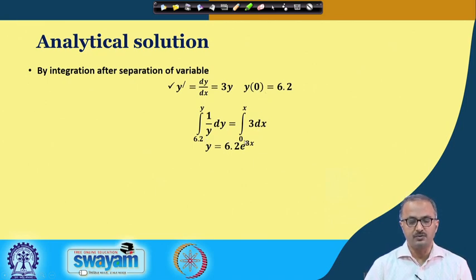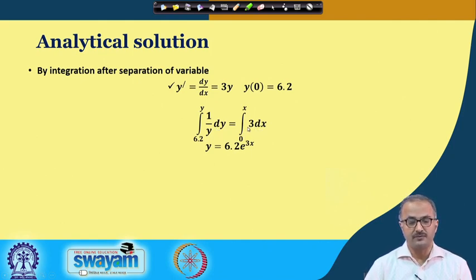Once we put in this term, we put our conditions here: at x equal to 0 the y is 6.2, and at any arbitrary x, y will have some arbitrary value. Now when you integrate 1 by y dy, you get ln, that is natural log of y, and the other side will give you 3x.